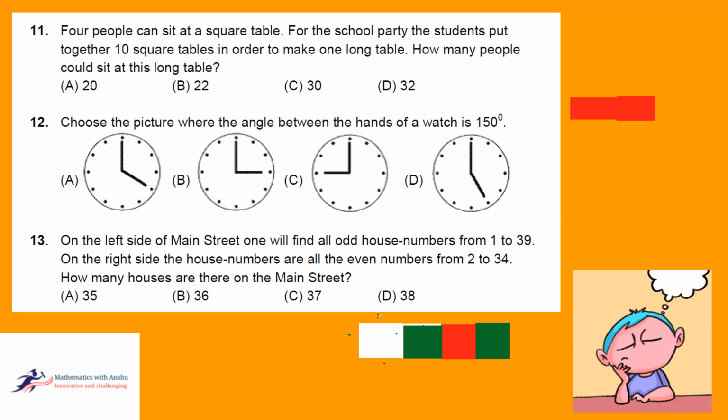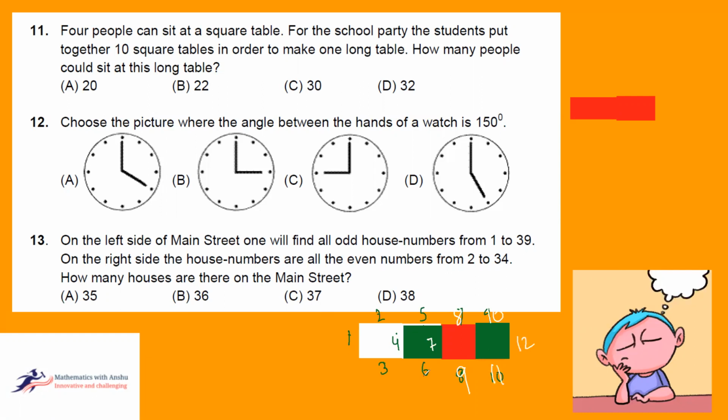So if you see here, 1, 2, 3, 4. Now here it will be 5, 6, 7, 8, 9, 10. Right? Here also one person can sit, so 7, 8, 9, 10, 11, 12.